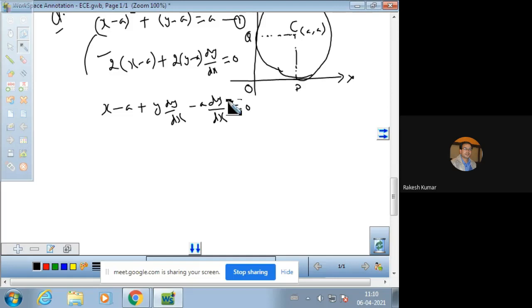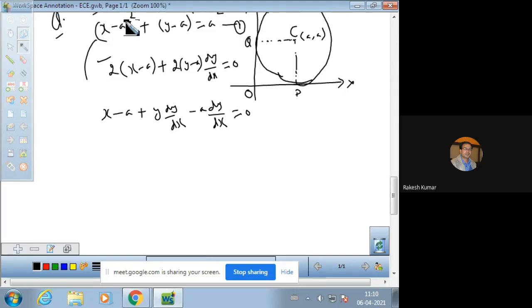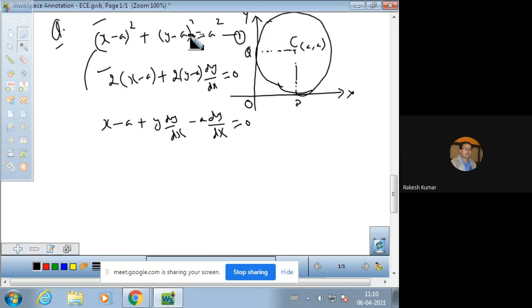Now you know that for finding the differential equation, it involves a derivative and it should not have any constant. In equation 1, this is an equation of degree 2 because the highest power is 2, and it involves a constant a. So in the differential equation, a should not be there. So from this equation, a can be taken common and it will be 1 plus dy by dx, and on the other side x plus y dy by dx.